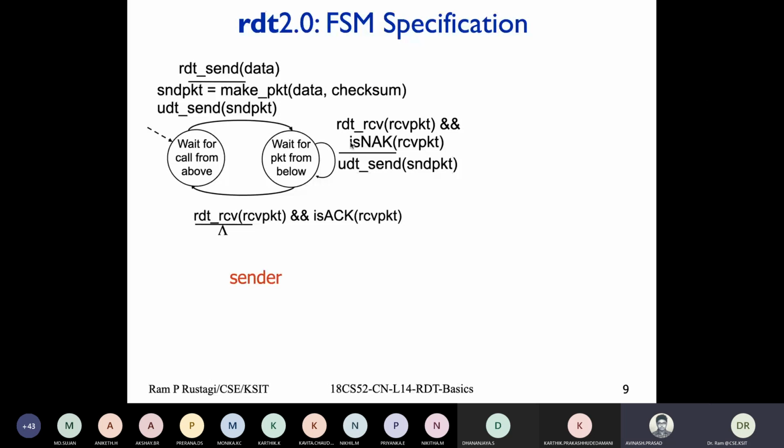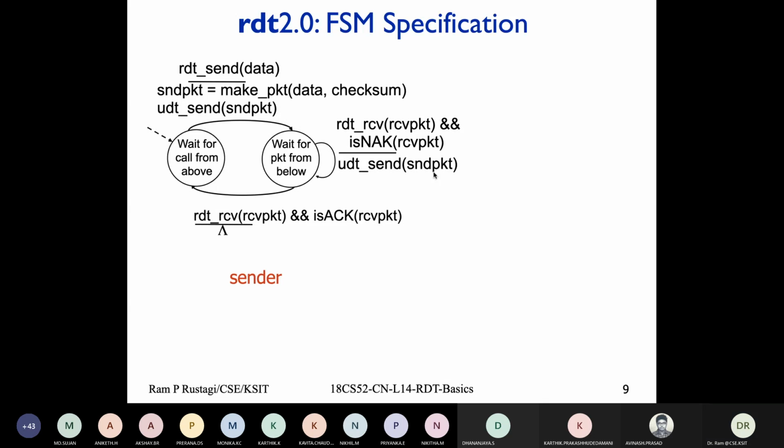Let's look here. I got the NAK, I send the packet again. What happens if the packet is corrupted again? I get the NAK again. What is the job of the transport layer? The job of the transport layer is to tell the application, I will deliver guaranteed, reliably, at the other end.